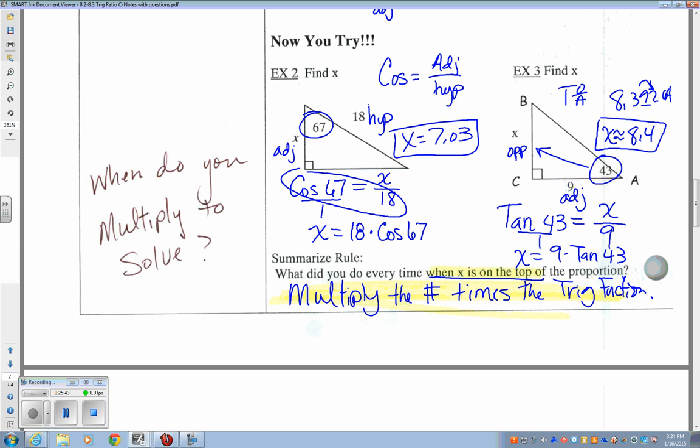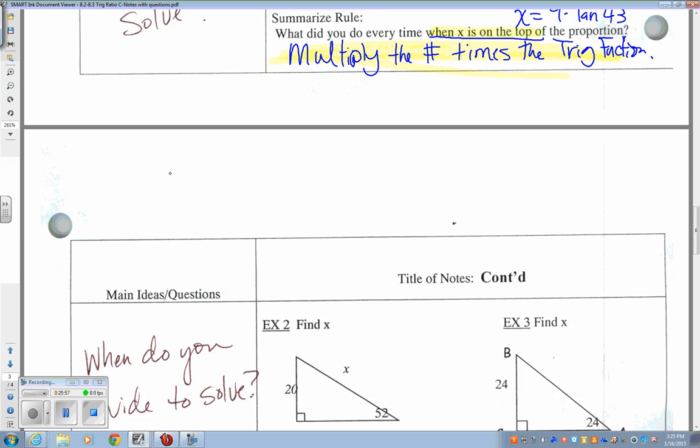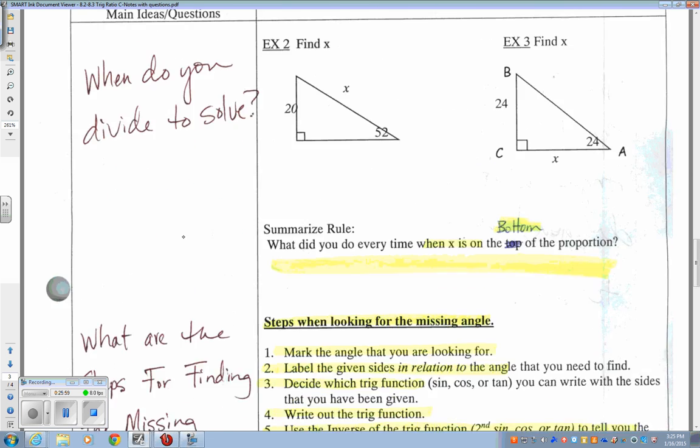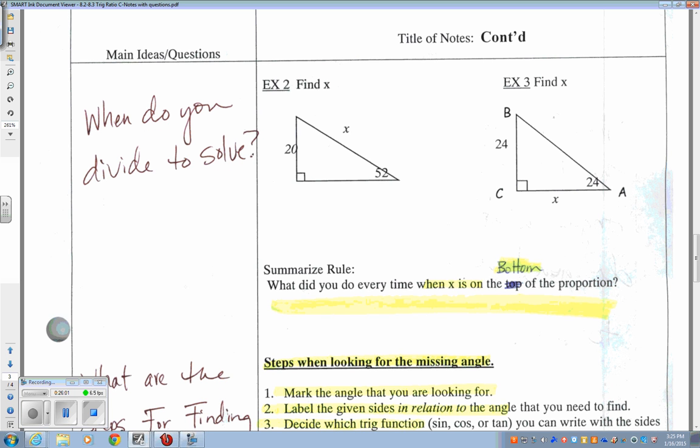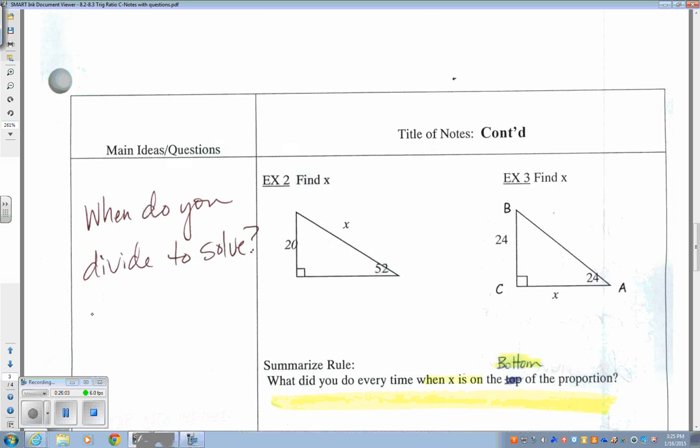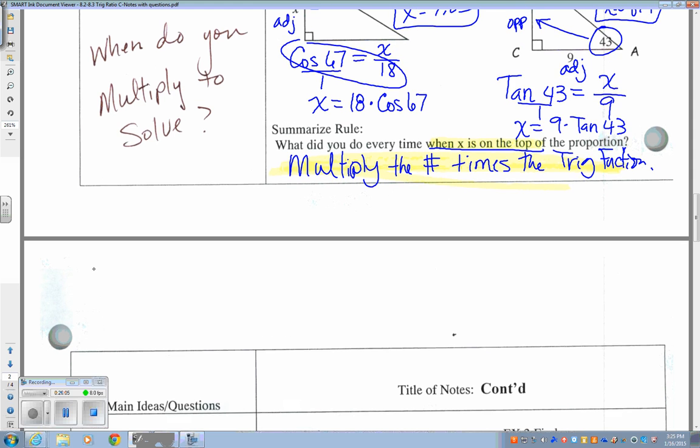You're just going to multiply when x is on top. So that's like a little shortcut that you could use to help you. With that being said, go to the next page with me. We're going to continue.